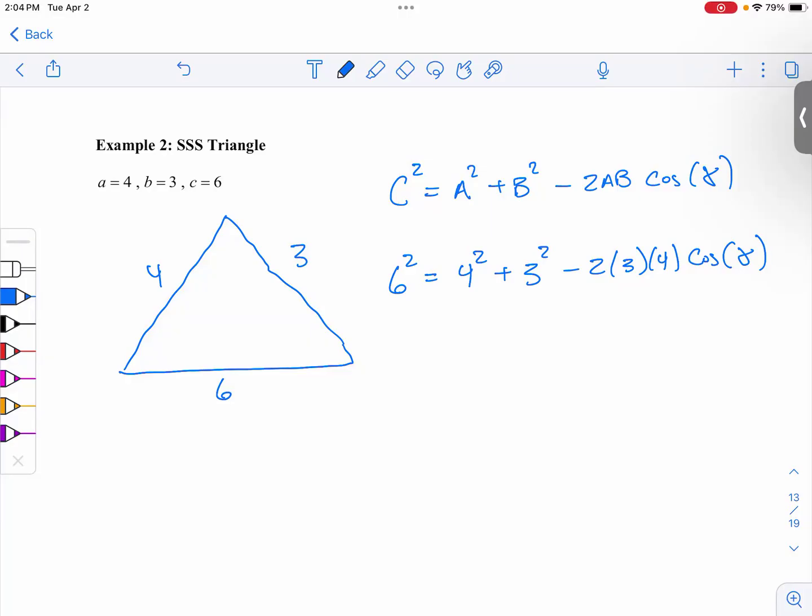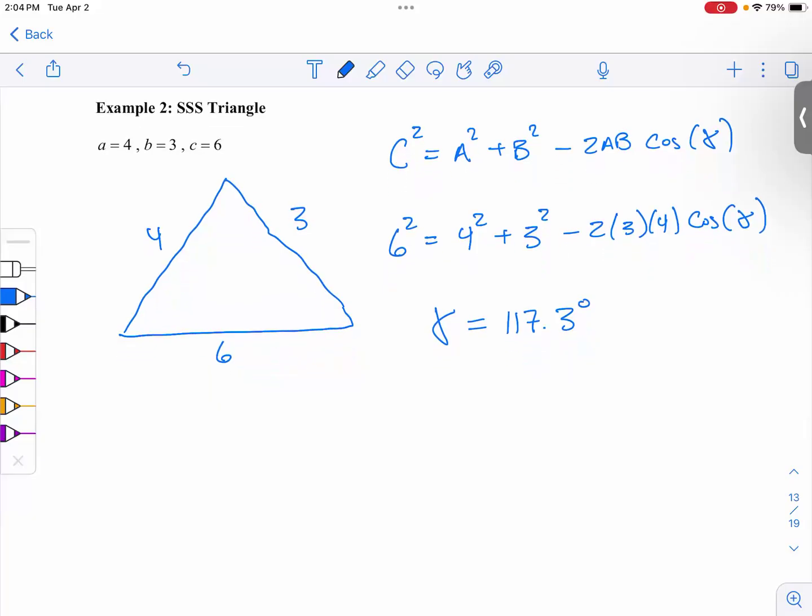And that is very, very helpful. Once I have that, then in order to find the rest, I need to use law of sines. If you're ever using law of cosines, you will use law of sines.